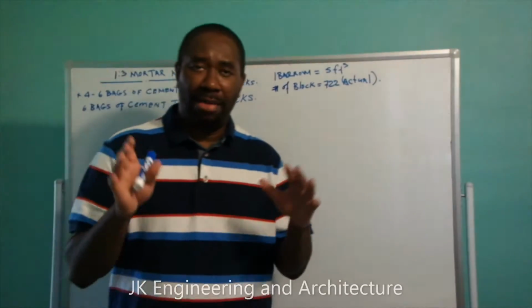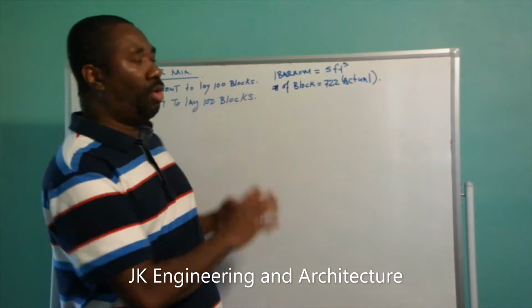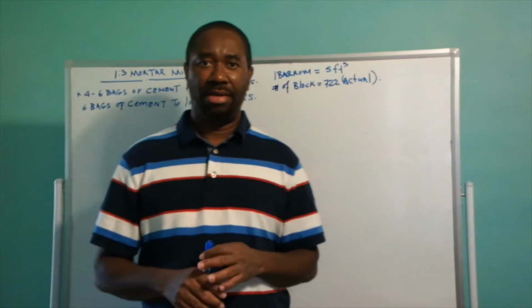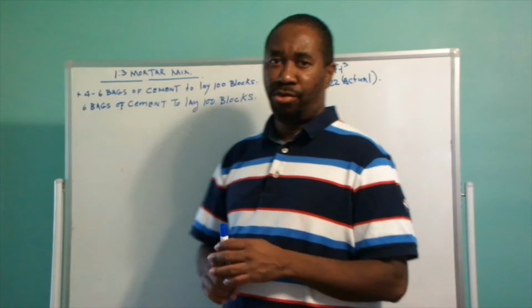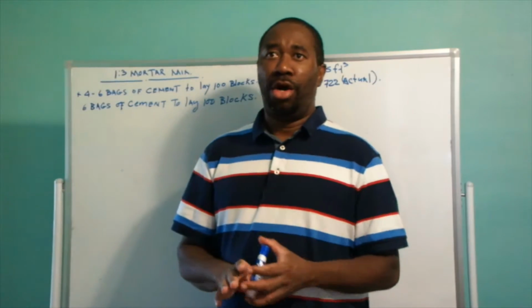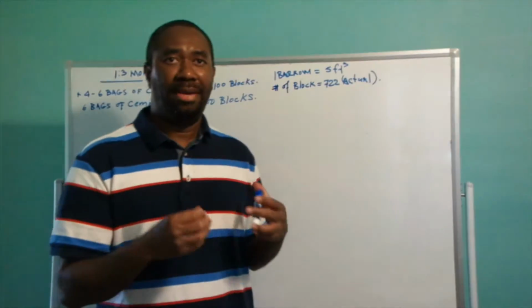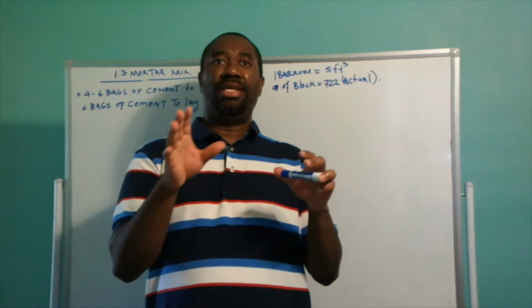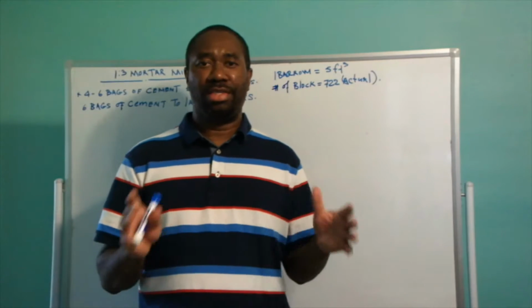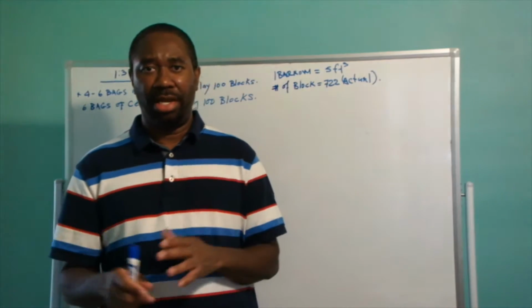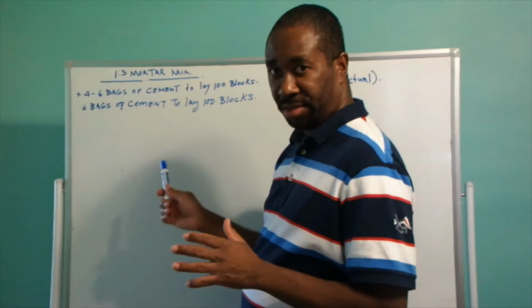I am going to be going over the calculation for the 1-3 mortar mix. Based on my research, it is going to take 4 to 6 bags of cement to lay 100 blocks.